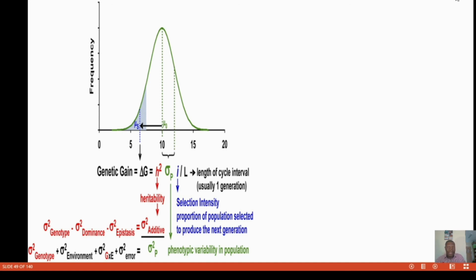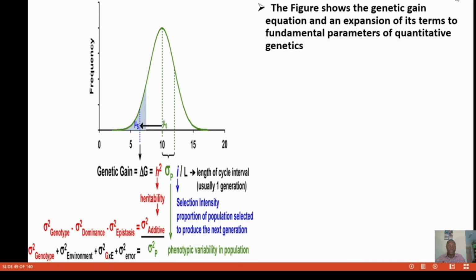So this is basically what happens. That formula is extremely important, very, very important for us to recognize as representing the genetic gain, the rate of the genetic gain. It's a slightly different formula from the calculation of R, the response to selection.